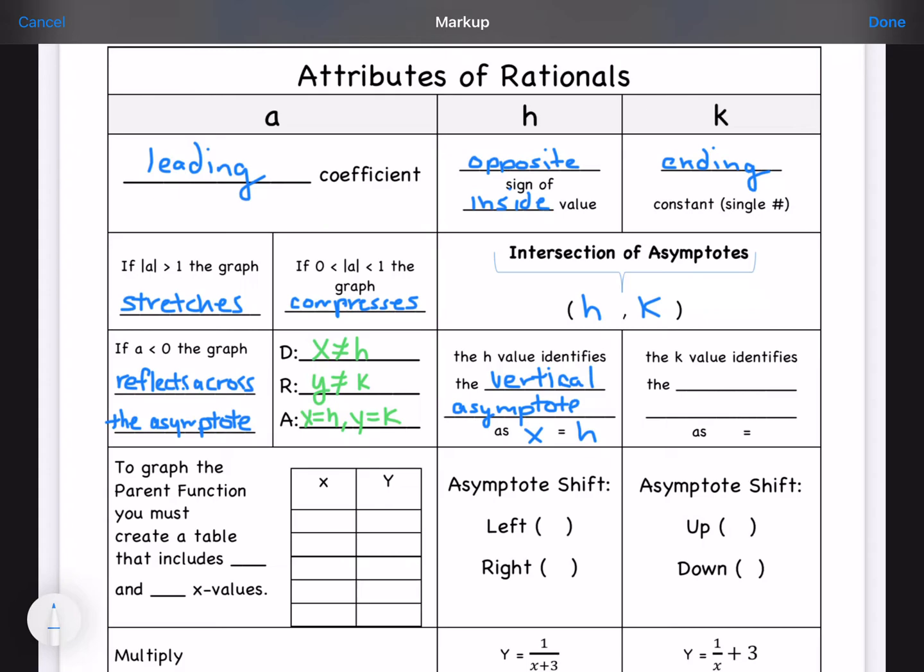The k value still moves us up and down, but it actually identifies the horizontal asymptote. And that is y equals k. So that's the asymptote that is a line going across.